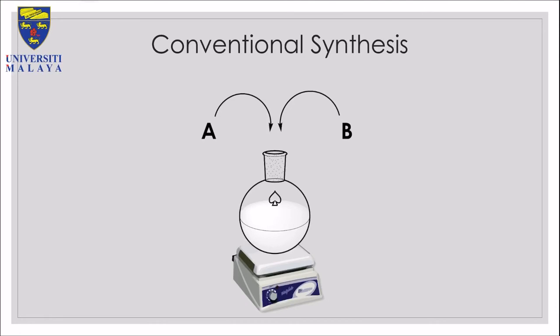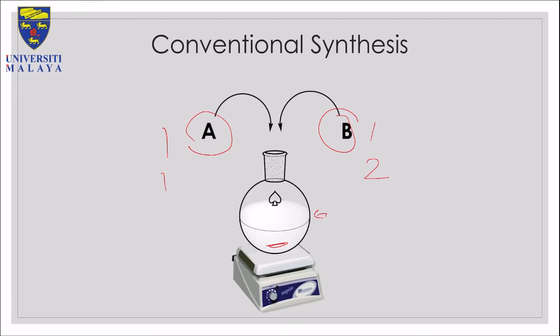What do I mean by that? When you are doing your organic 1 or 2 or 3 laboratory, whereby if you were to produce something, you just take a round bottom flask, put a stirrer bar in there, and then put in the reagents that you want. Sometimes in equal amounts, sometimes not in equal amounts, depending on the reaction. So you can do the same thing for protein and peptide synthesis.